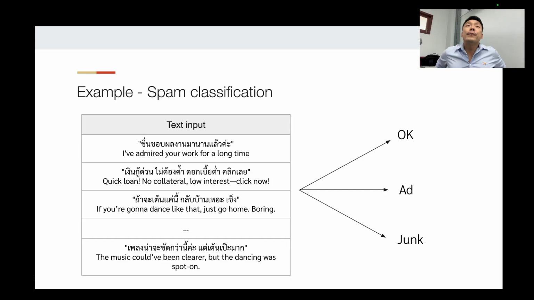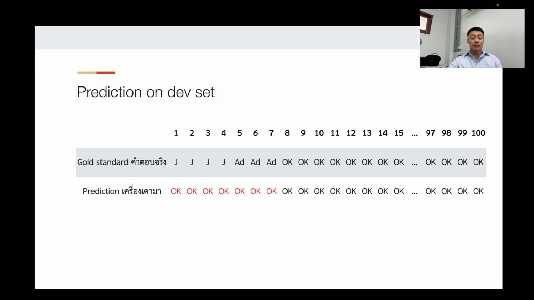We have a few metrics that we compute based on classification tasks. Suppose we're doing spam classification, so there are 3 labels: normal email, ad, and junk mail. Suppose you have trained a model already and you run it on your dev set, and your dev set has 100 instances.